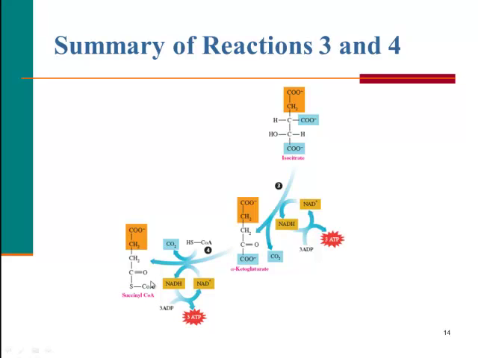Now the rest of the citric acid cycle is going to be taking our 4-carbon chain and reverting it back to the original molecule, so that the cycle can be repeated. But for now, take some time to understand the process and what's happening in reactions 1 through 4 of the citric acid cycle.